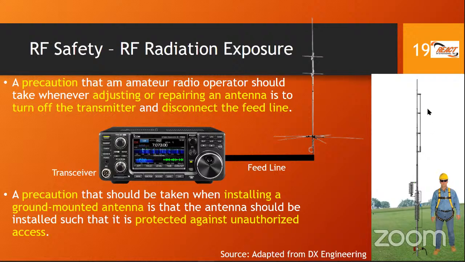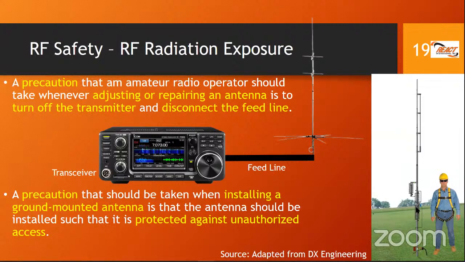Okay, on our right-hand side here, we have a very nice ground-mounted antenna. And notice we have a gentleman right here, and he seems very close to the antenna. So we need to be aware of a precaution we should take when installing a ground-mounted antenna.